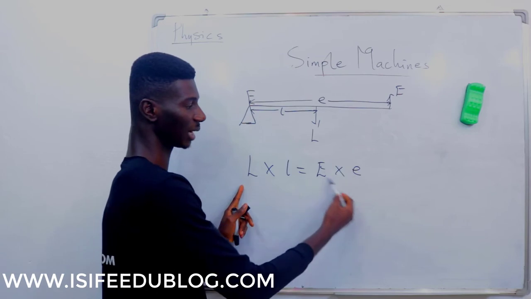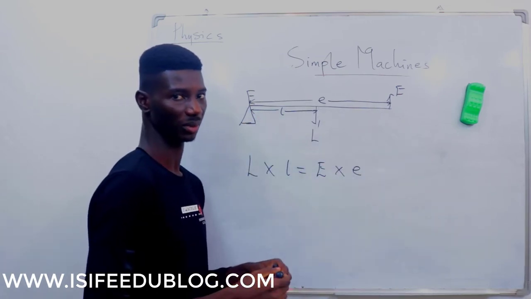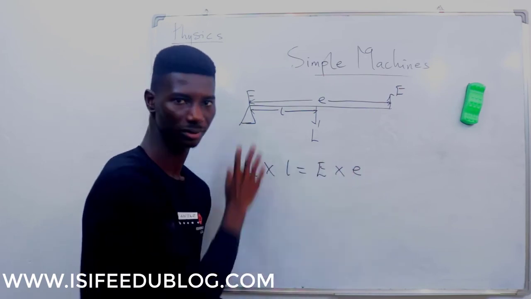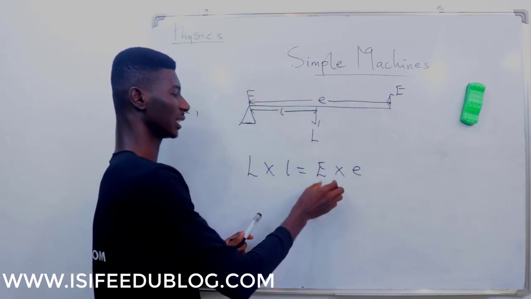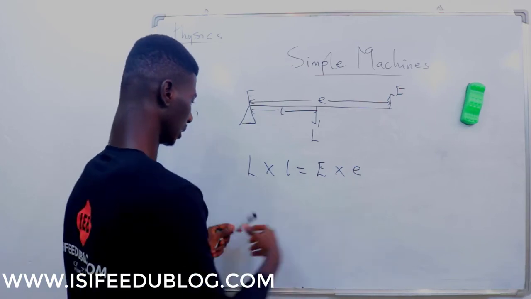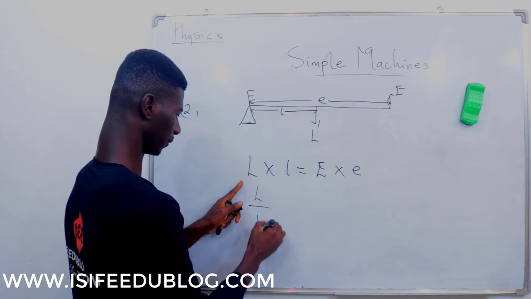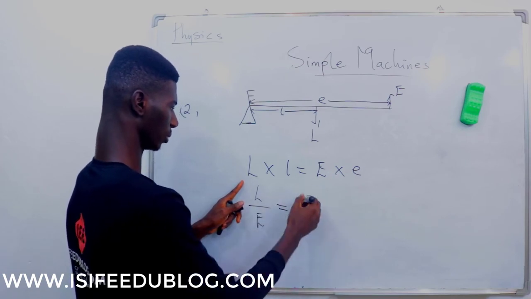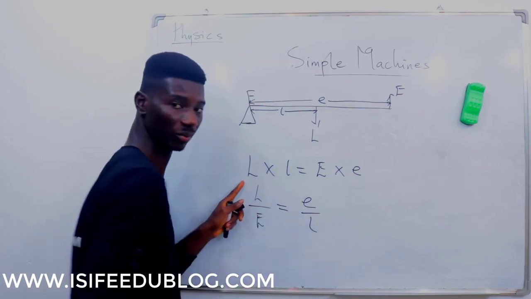So because it's very large, it will always be greater than 1. No matter what you solve in the practical aspect of this, you find out that this velocity ratio, let's check, we have load over effort is equal to distance moved by this divided by this.